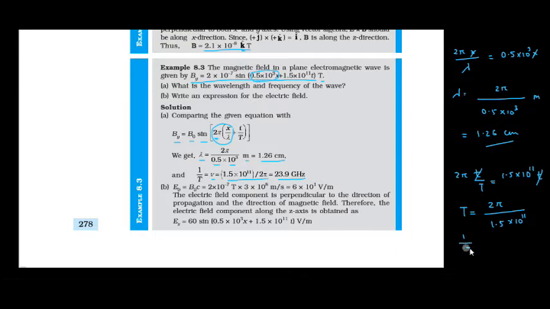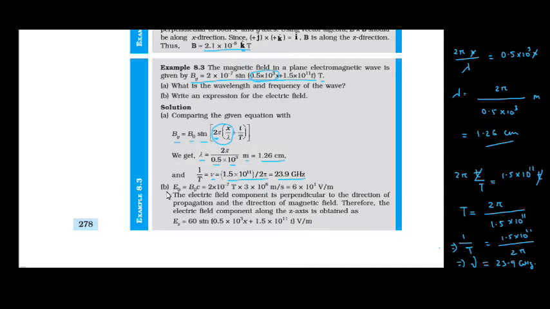So 1 by t will be equal to 1.5 into 10 to the power 11 upon 2 pi, and instead of 1 by t we can write nu is equal to, upon solving we get 23.9 gigahertz. So this is the total calculation.